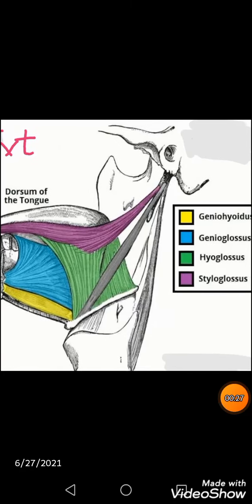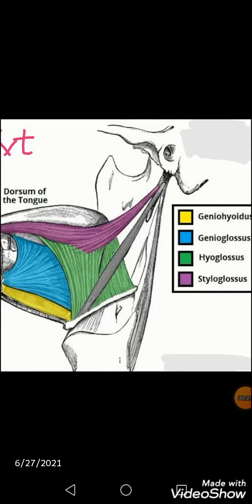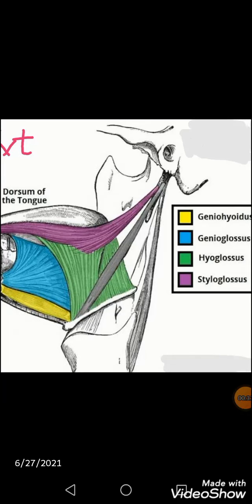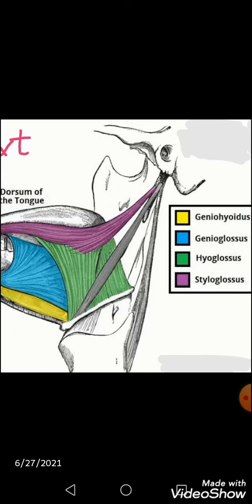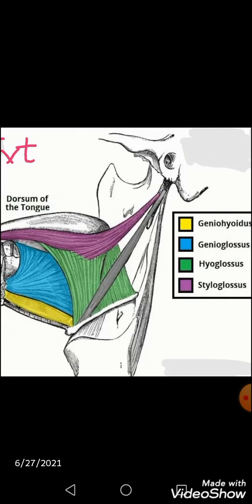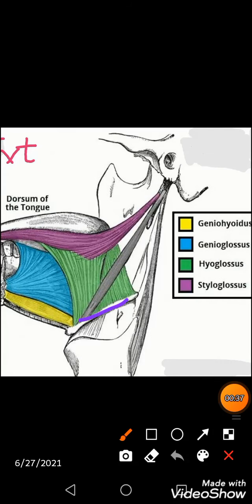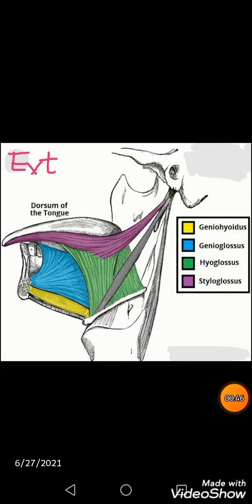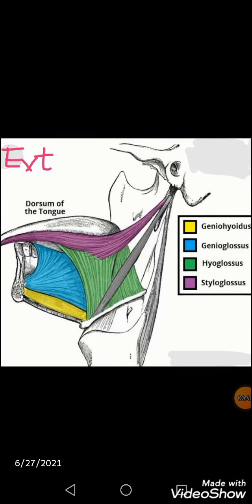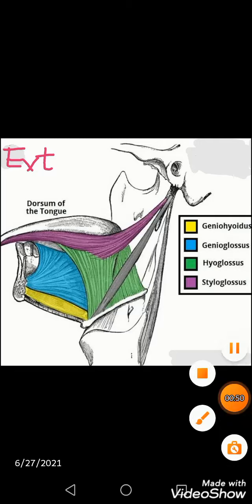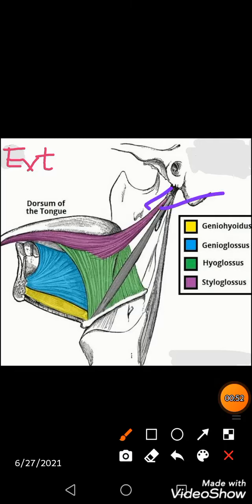Then in the green color, the muscle is the hyoglossus. It is attached from the body and greater horn of the hyoid bone. Let me mark it. And then it attaches on the undersurface or inferior aspect of the tongue, right? Now you can see the purple color muscle that is attached to the styloid process, hence called styloglossus, right?